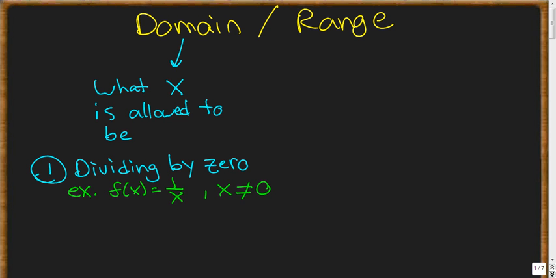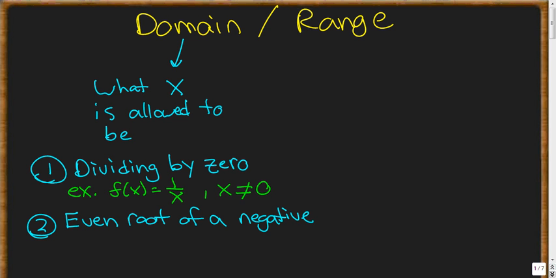Your second thing that you will mainly see is square root, or excuse me, not just square, but an even root of a negative. So this, as an example, would be like f of x equaling the square root of x.